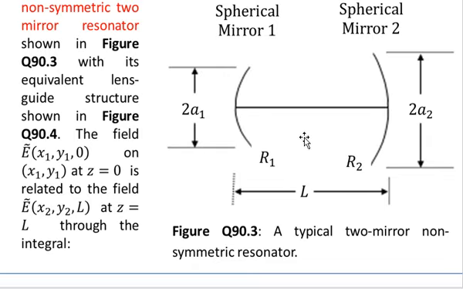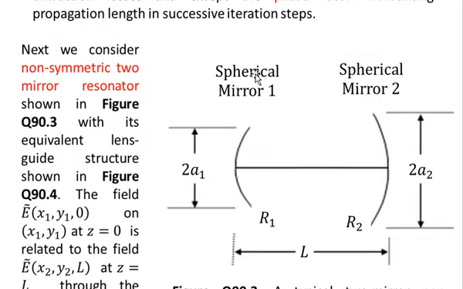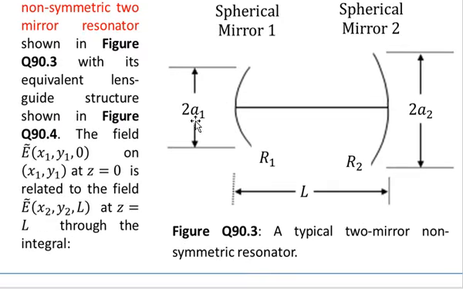The two mirrors are separated by a distance equal to capital L, and the apertures of the two mirrors, that is the apertures of mirror 1 and 2, are respectively 2A1 and 2A2. Before that, we discussed this geometry in one of our previous slides, assuming that 2A1 and 2A2 are of infinite size.